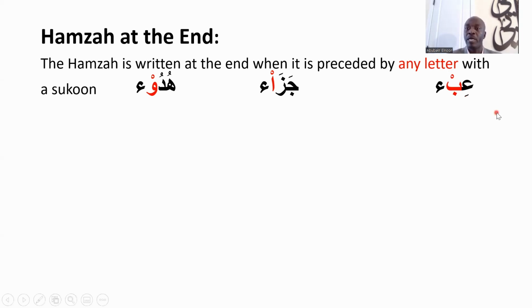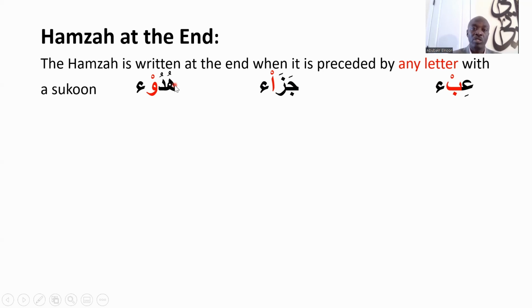The ba has the sukoon preceding the hamza, so that's why the hamza is seated alone. Also, jaza. It's not really a long vowel, but the long vowel has the sukoon, and then the hamza is sitting by itself.